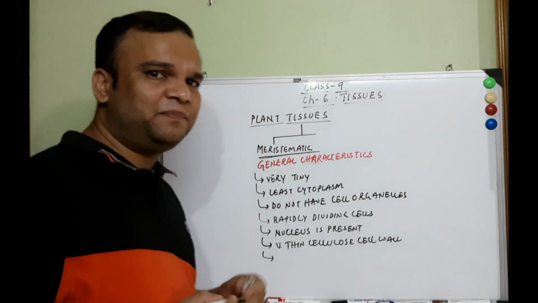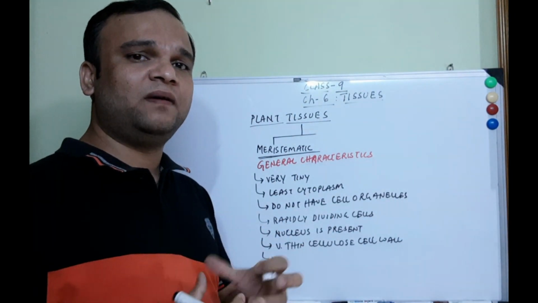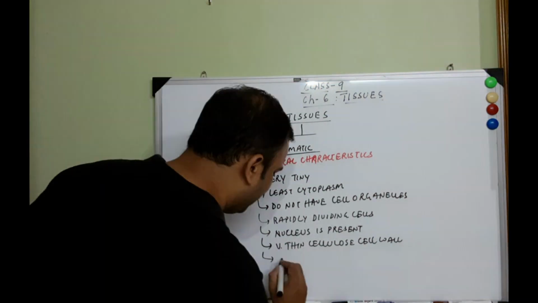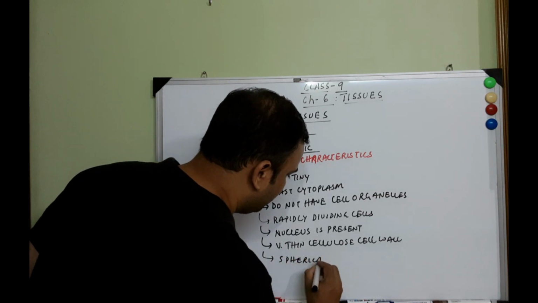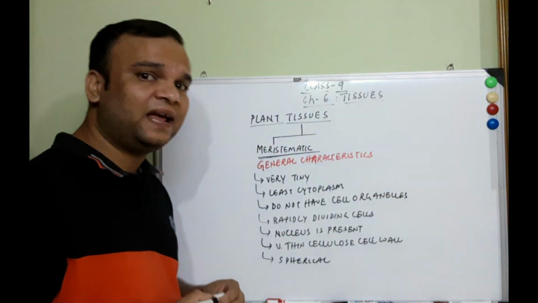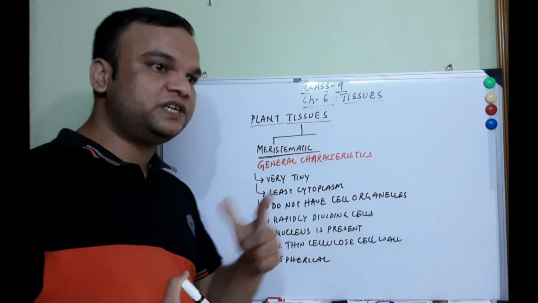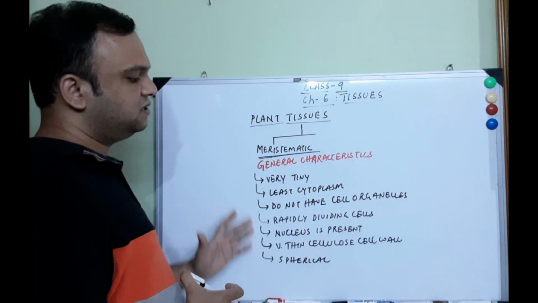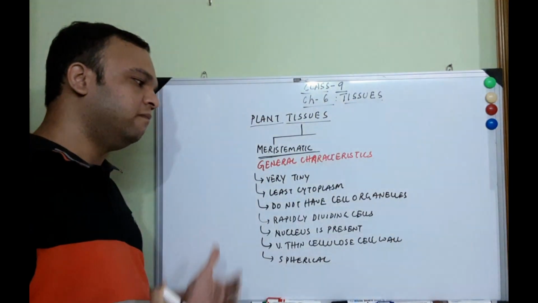You may find that plant cells have a definite shape, like oval, polygonal, or rectangular, but generally the meristematic cells are so thin that they are spherical, okay. They are spherical because they haven't taken any shape yet, they have not matured, they have not differentiated. So these are the general characteristics of any meristematic tissue that you will find in the plant body.